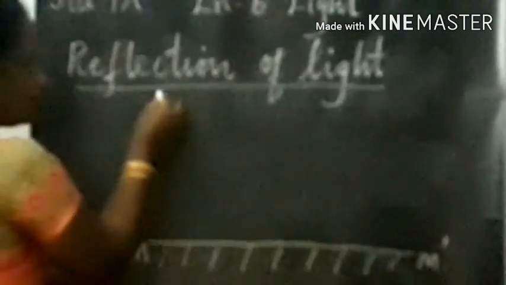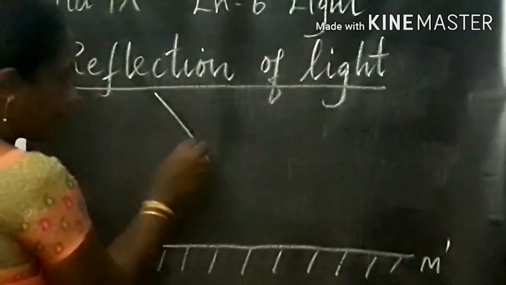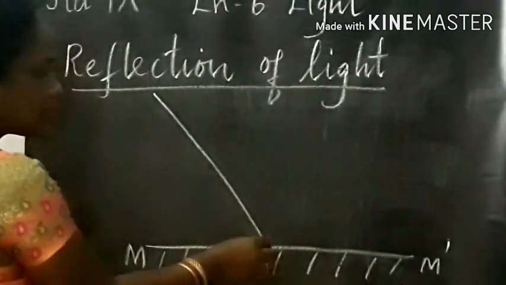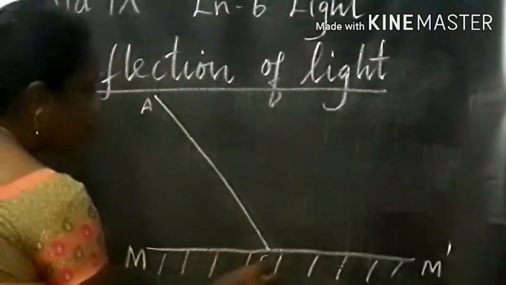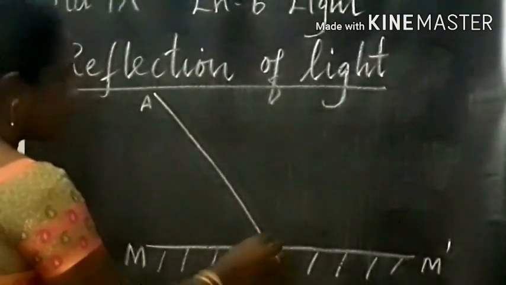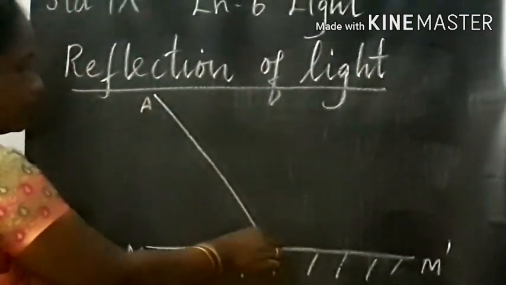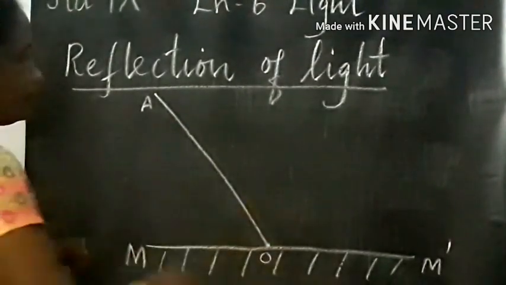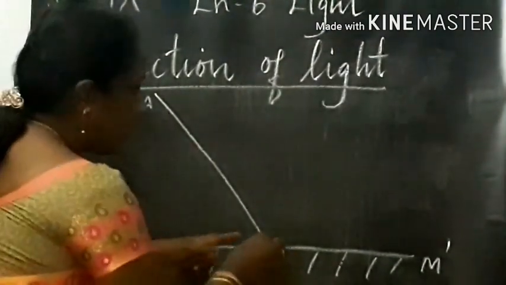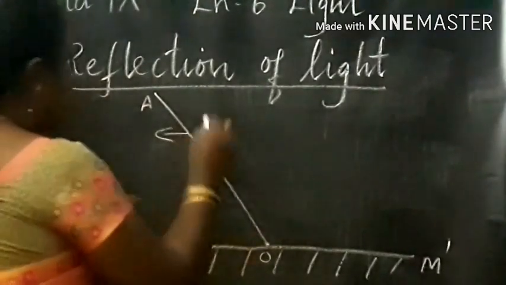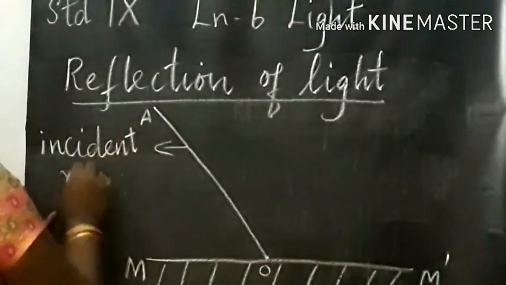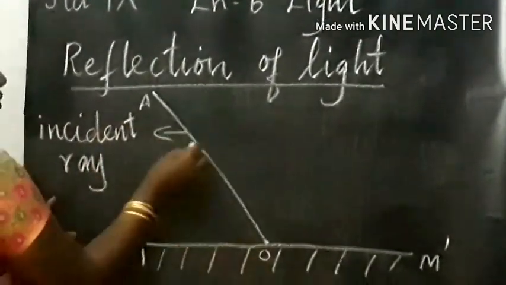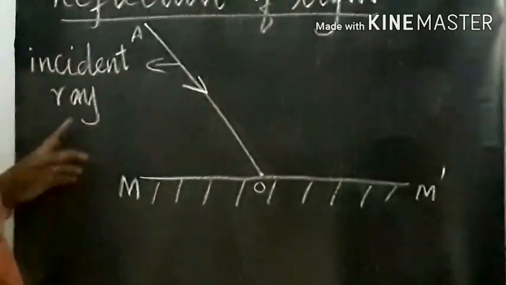Let AO be the light ray that gets incident on the polished surface at O. The light ray AO is called the incident ray.